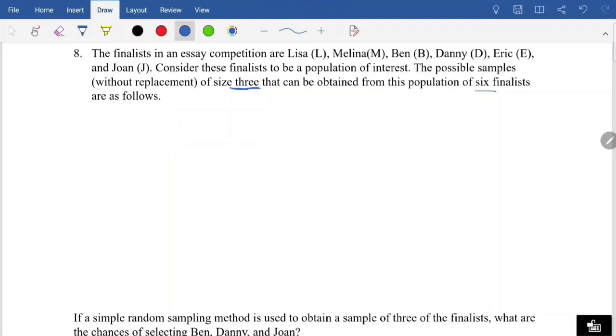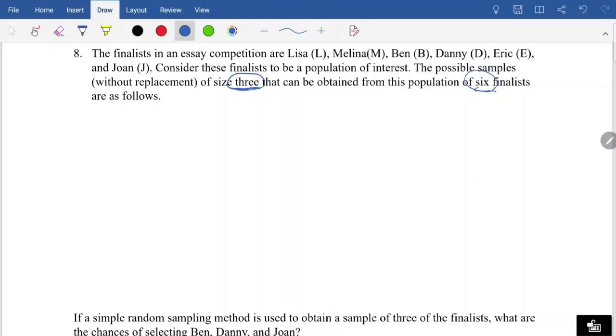Now, we have to first come up with all possible samples of size 3 from a population of size 6. The candidates given to us are Lisa, Melina, Ben, Danny, Eric, and Joan. We have to draw names to come up with 3 people at a time, and we have to list all possible samples. So let's go about doing that.